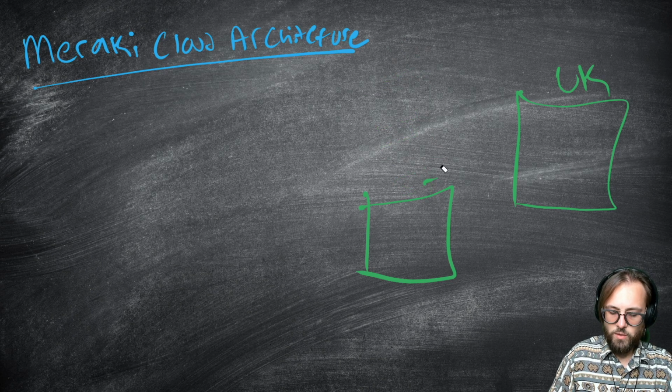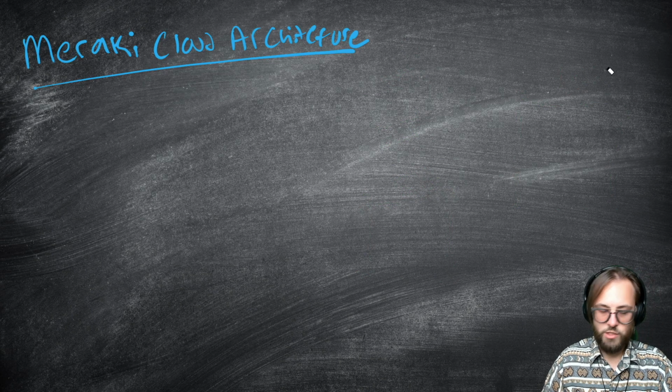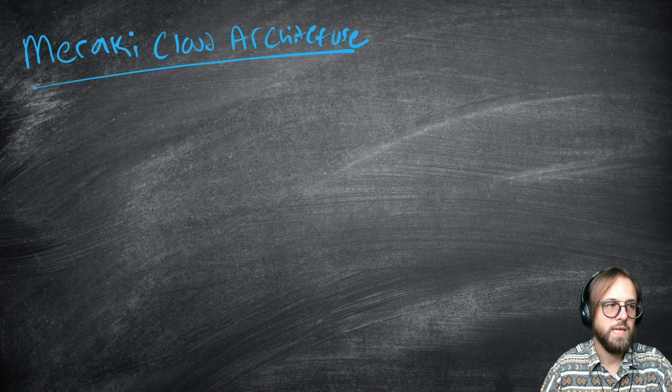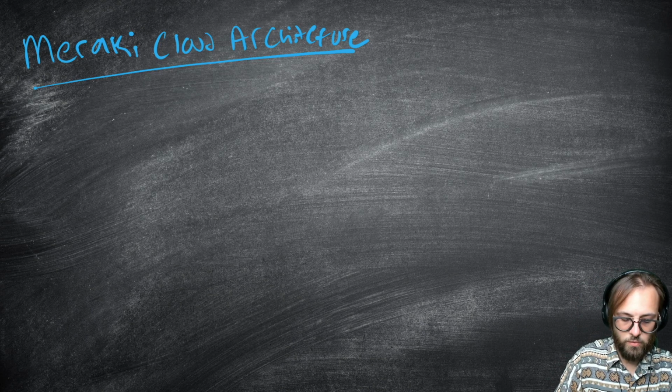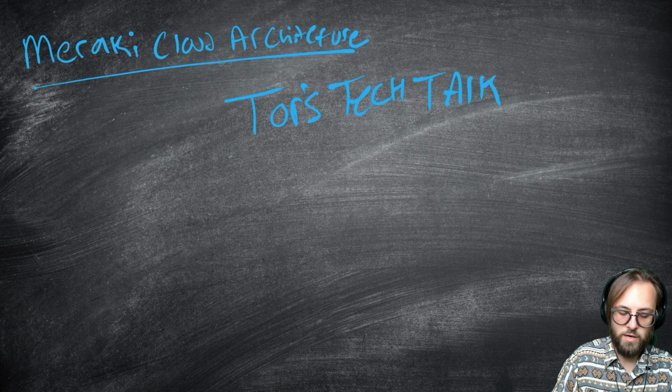When you're thinking about an organization, this is just a container essentially for networks, devices, etc. So let's just say I've got Tours Tech Talk, and this is my organization.